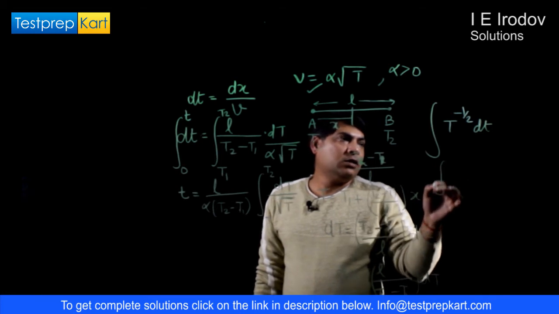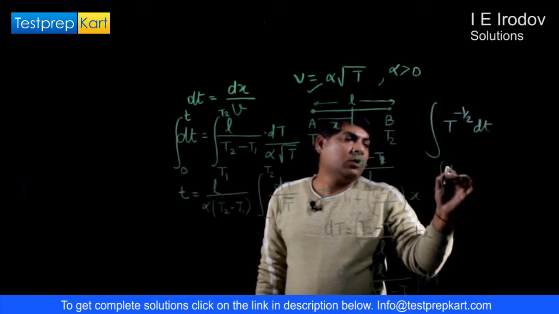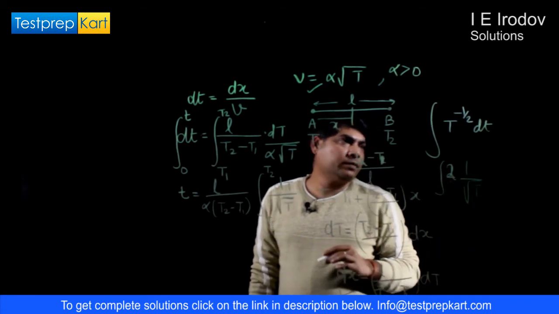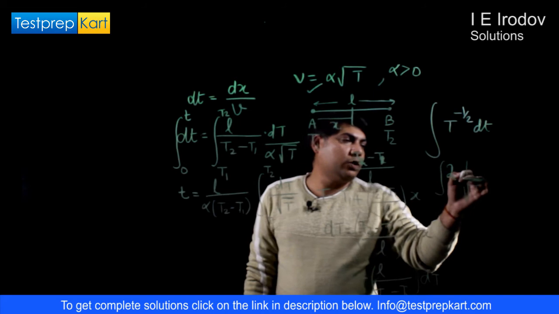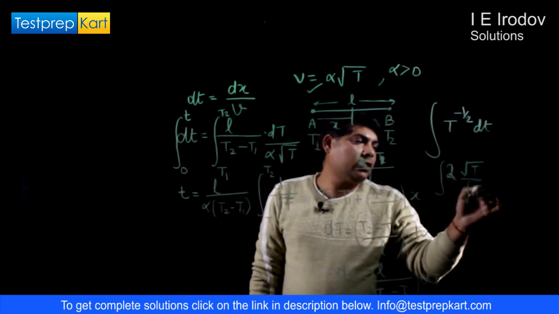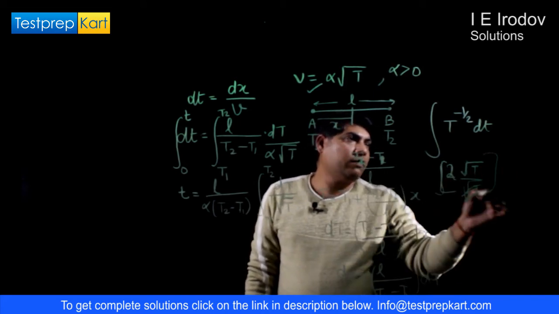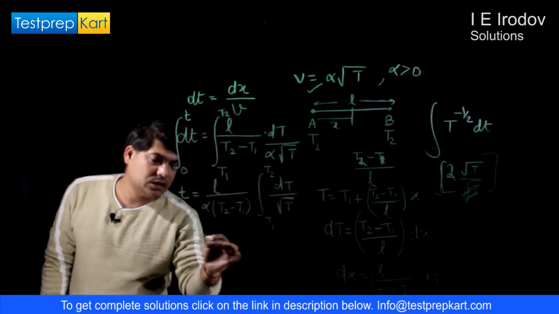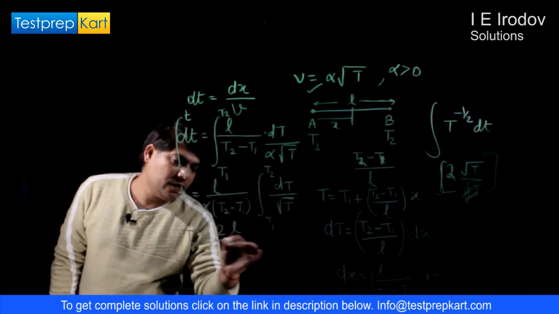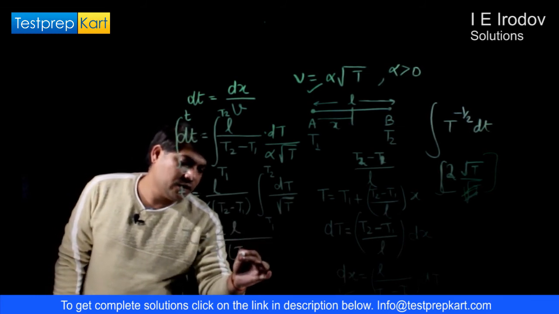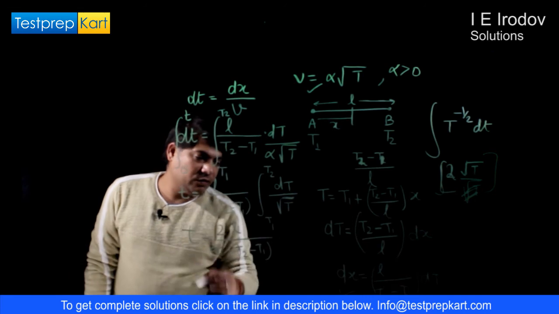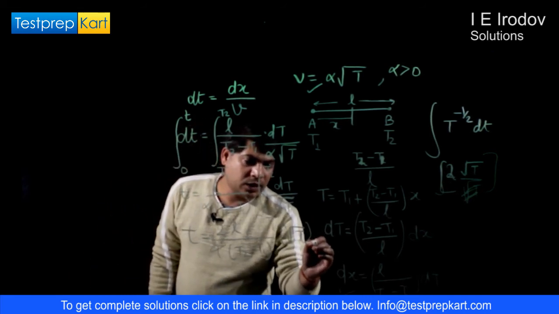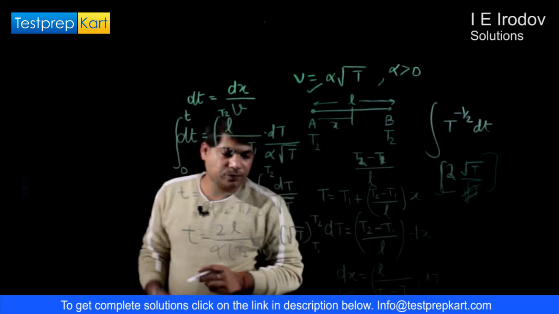So this is basically 2 root T, integration of 1 over root T. So we can write t equals 2L over alpha (T2 minus T1) into root T, from T1 to T2.